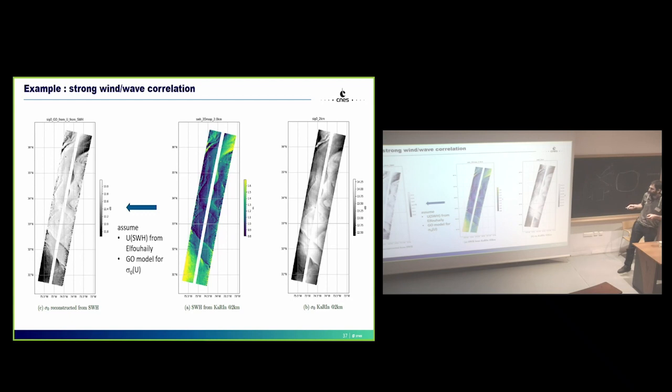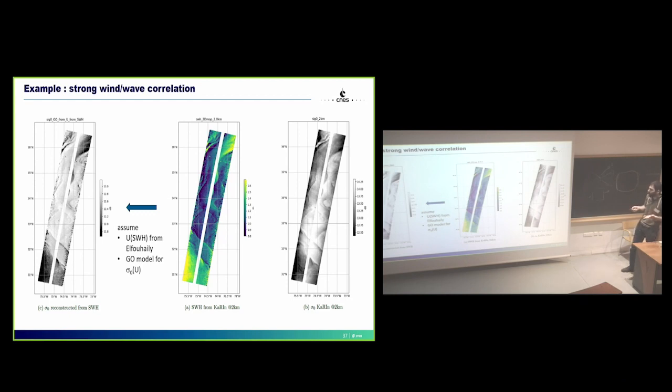Assume that you have a relationship between significant wave height and wind, just using a very simple Ardhuin spectrum, saying the small scales and the large scales are determined by the same thing, just the wind. And then use a geometric optics, very simple model to predict the backscatter from that wind field derived from this. And I get this image, which of course looks very similar to this one, because that's the input.